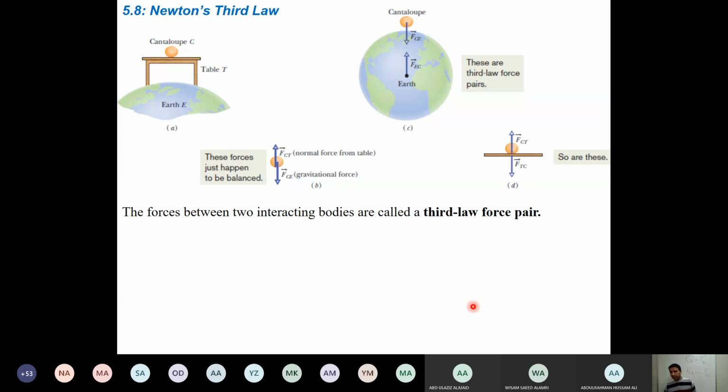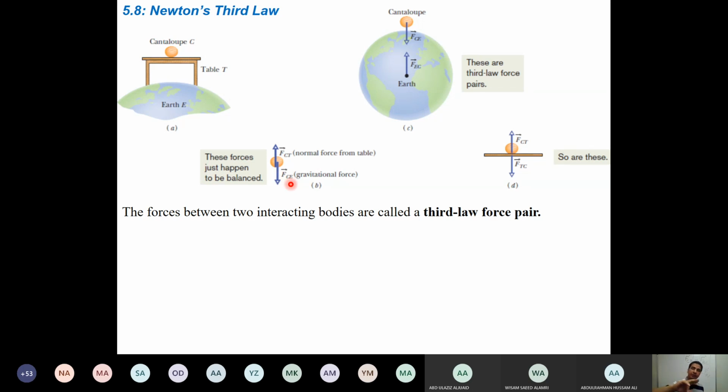So there are two interacting bodies, table and cantaloupe, and these two are applying forces on each other. But now, if I bring the third object into the discussion, which is the earth in this case, as you are seeing in diagram B, there is a force on the cantaloupe from the table, FCT. That's one force. And then I'm considering another force, the force on the cantaloupe from the earth. That is the second force.